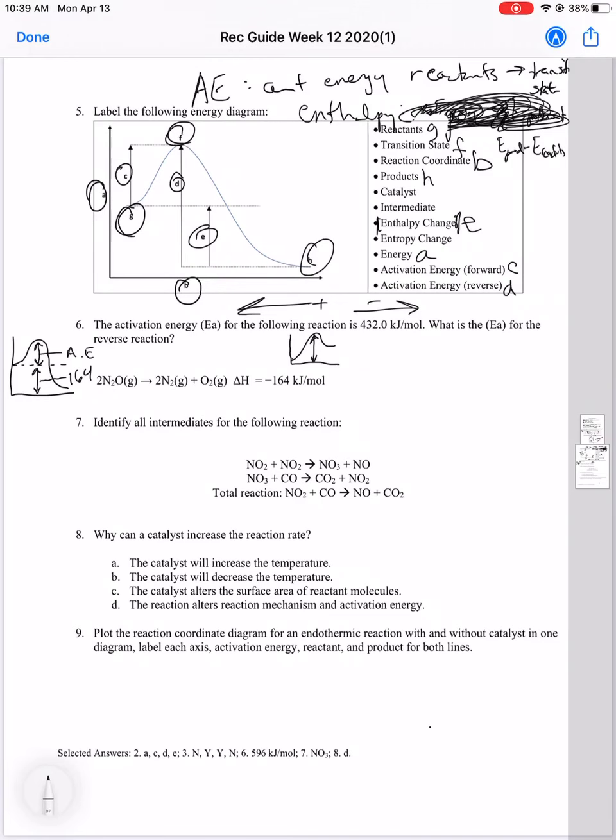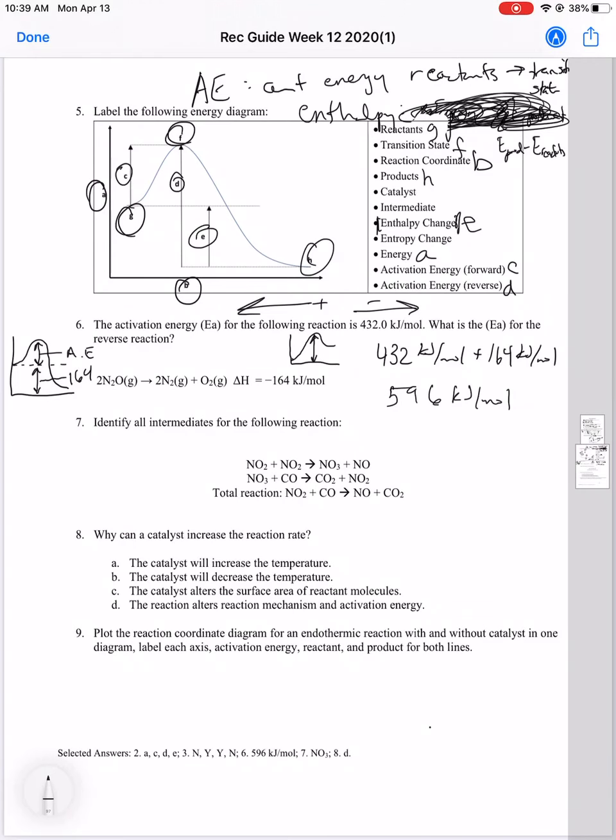And from this graph, we know that this entire length is going to be our activation energy, 432 kilojoules per mole, plus our 164 kilojoules per mole. So we add those up, and 432 plus 164 is 596 kilojoules per mole. And yeah, that's how you do that one.